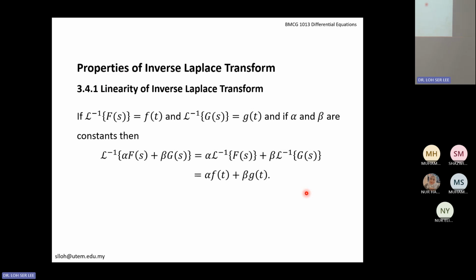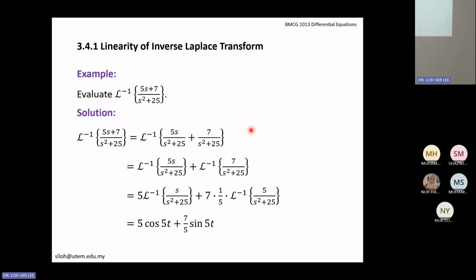Linearity is simple, meaning that when you have a constant multiplied to a function, we can factorize the constant. When you have a linear combination of functions, we can separate them individually.